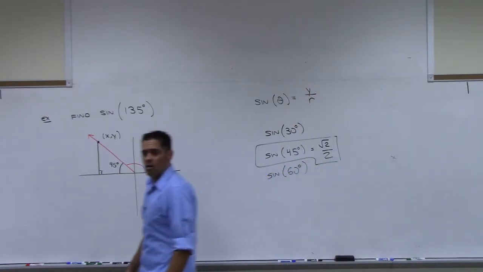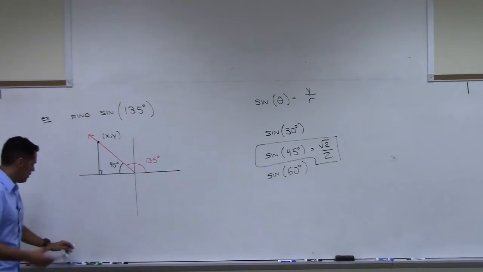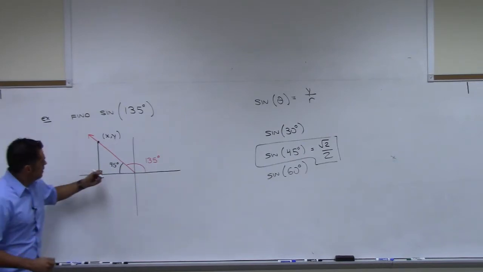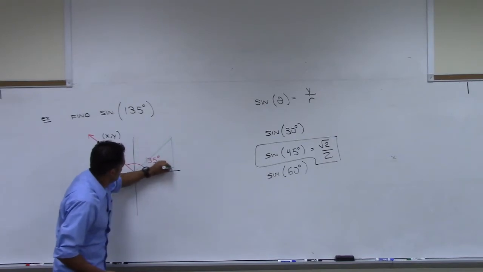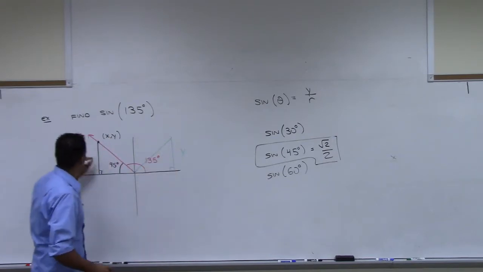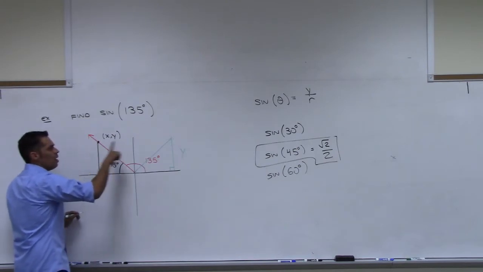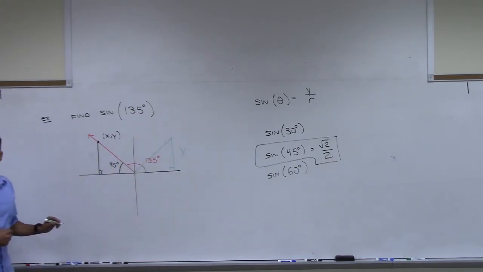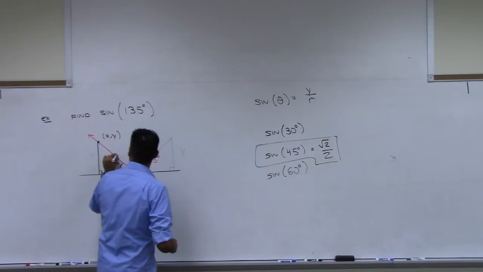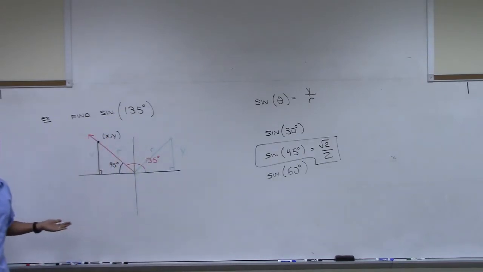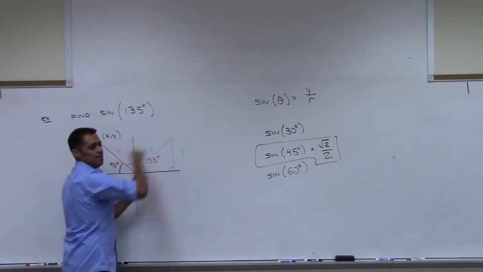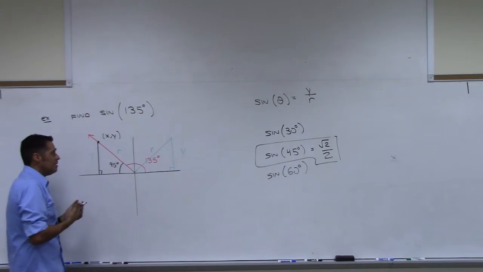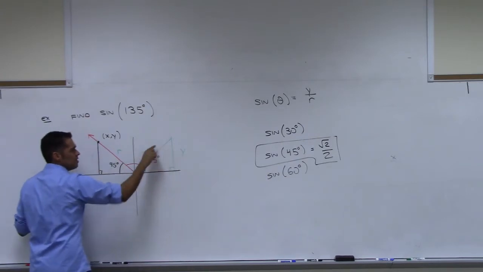So would you agree with this? If I were to draw this, I know it's going to start to look complicated, but this y coordinate and this y coordinate are the same, aren't they? And the radius here and the radius here are the same. You agree? Because it's just a reflection over, and this y value is identical to that y value. So I should get this ratio of this side over this side, because that's 45.